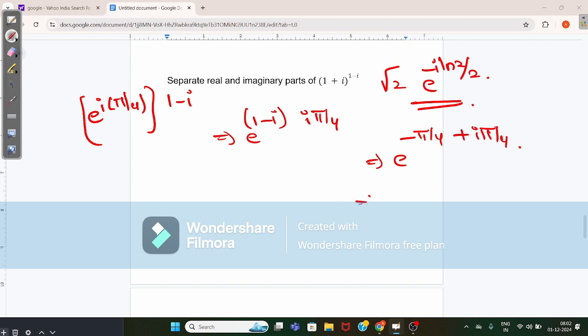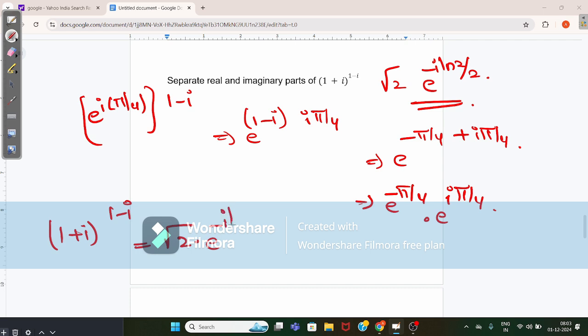So this is e power minus pi by 4 into e power i pi by 4. So (1 plus i) whole power 1 minus i gives root 2 into e power minus i log 2 by 2 into e power minus pi by 4 into e power i pi by 4.